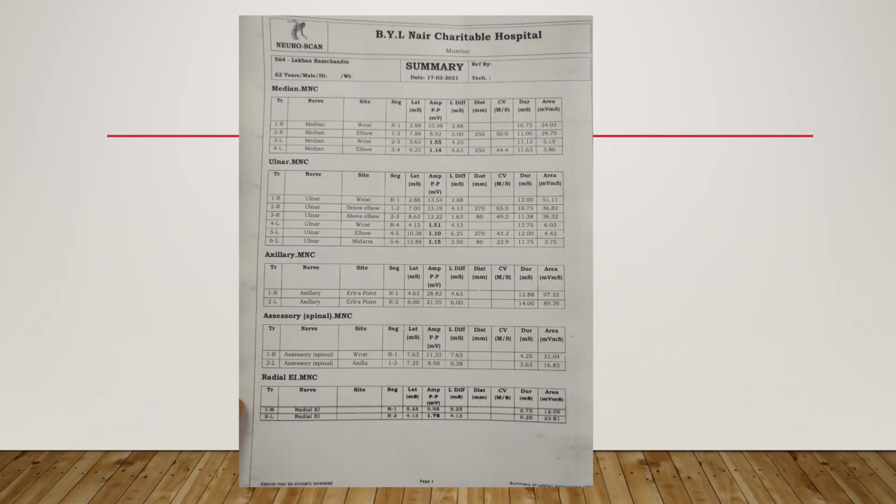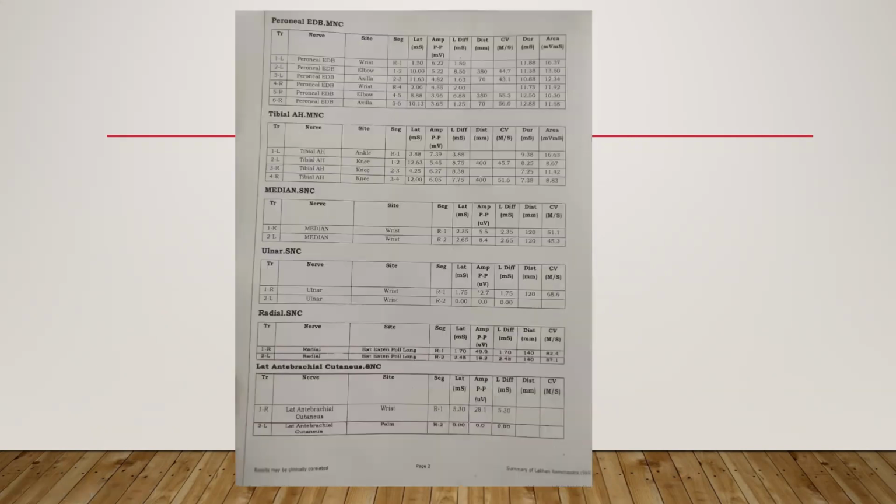So, ma'am, it means that all three nerves, radial, median, as well as ulnar, are involved. This is motor. Now we'll go to SNAP. The lower limbs, the peroneal and the tibial, appear to be normal.